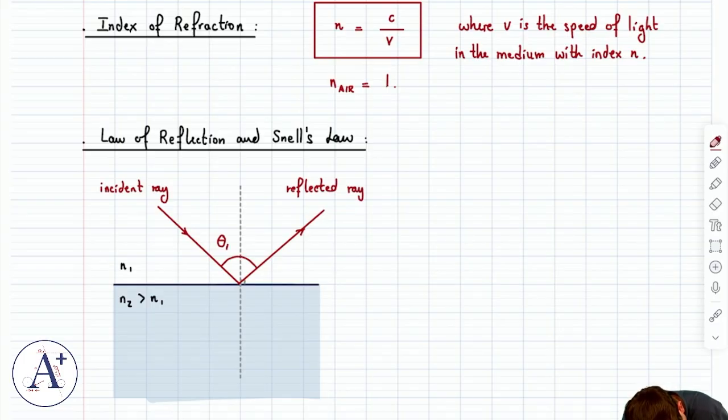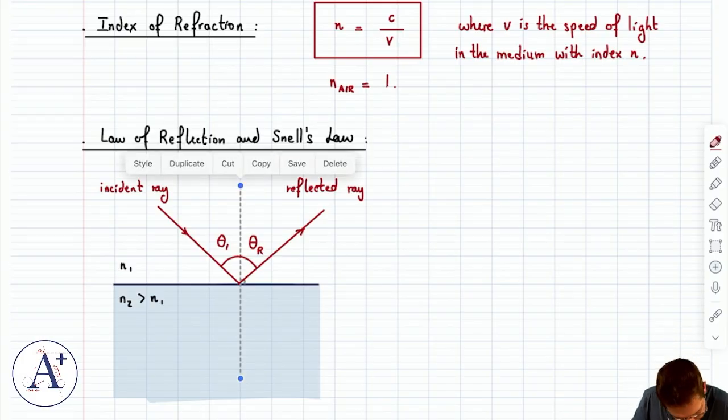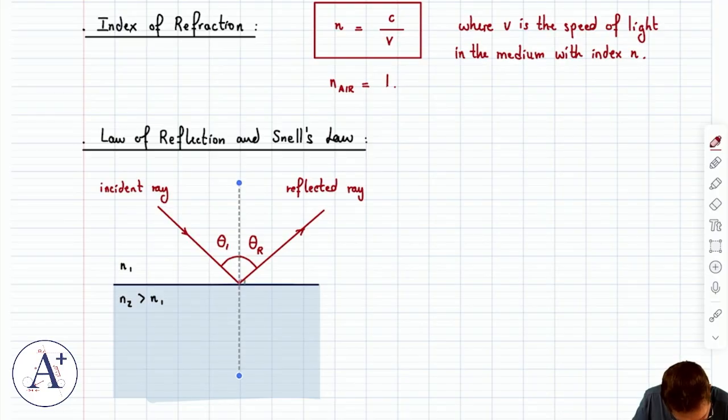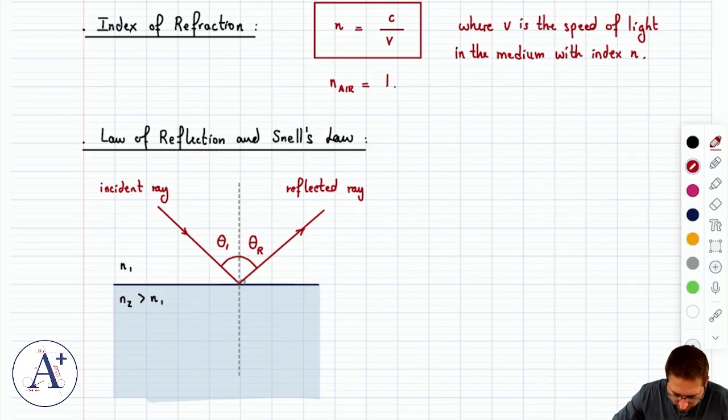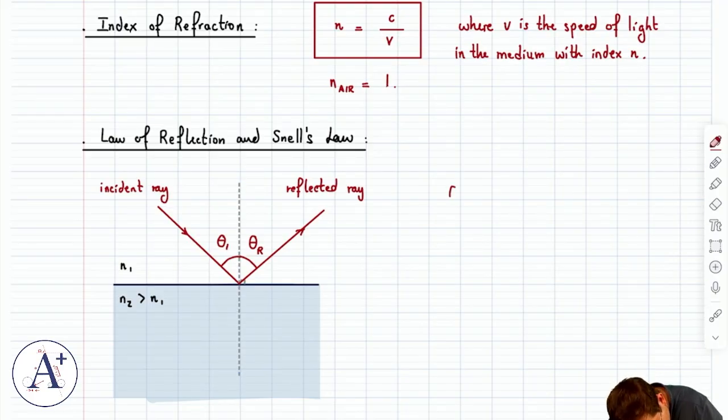And the law of reflection tells me that theta sub R, the reflected angle, is going to be the same as the incident angle. Okay, so the law of reflection says that theta 1 is equal to theta R, which is theta reflected. So that's the law of reflection.